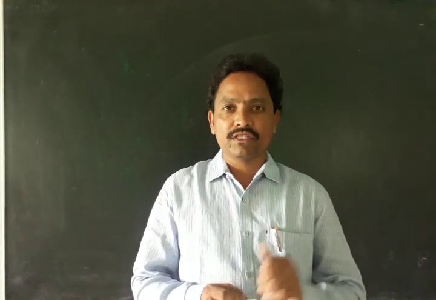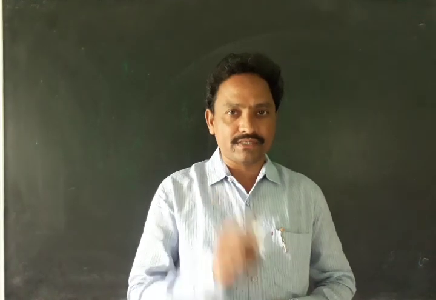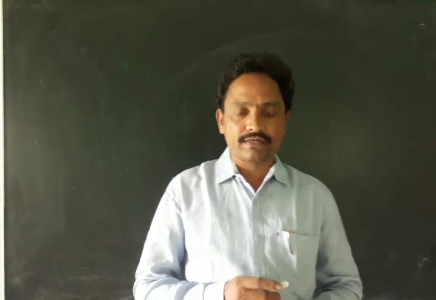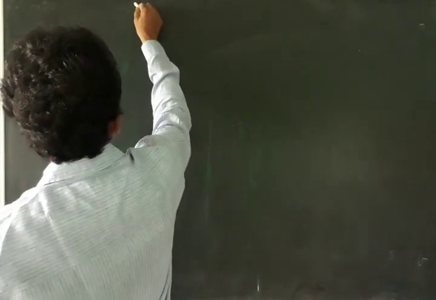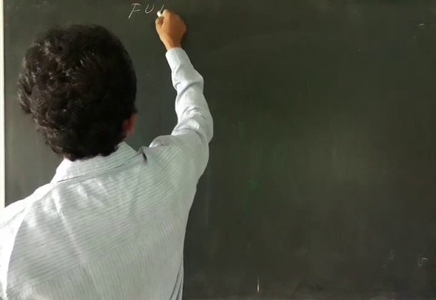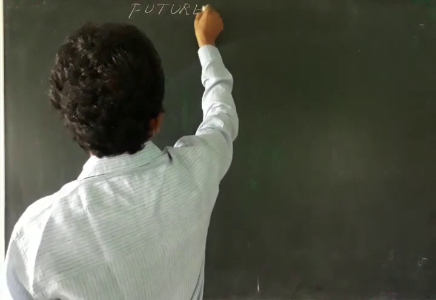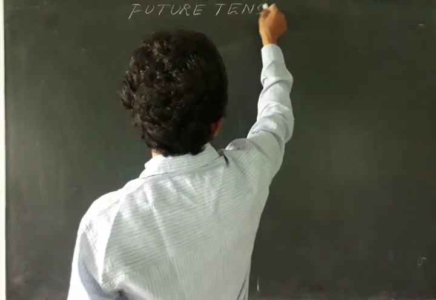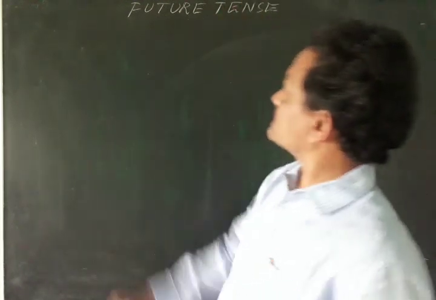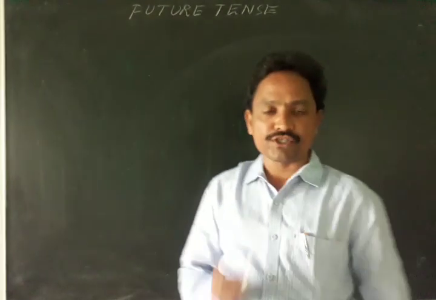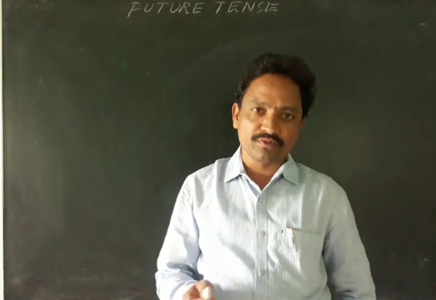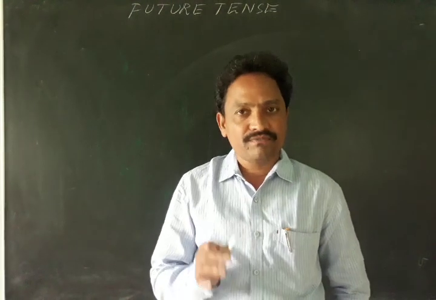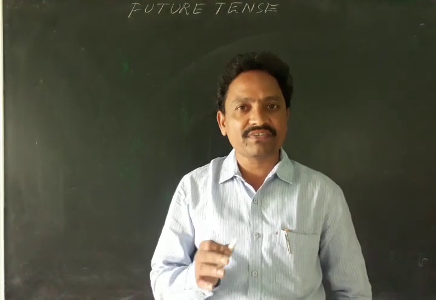Okay. So among them, the remaining part is future tense. Let us discuss the future tense. In this future tense, there are 4, as you know: simple future, future progressive, future perfect, future perfect continuous.